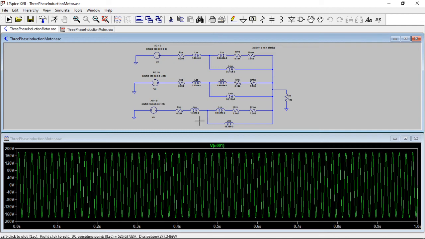Okay, and so that's the 127, or about the 170, I believe it was, peak to peak. And now let's compare that to the voltage here.